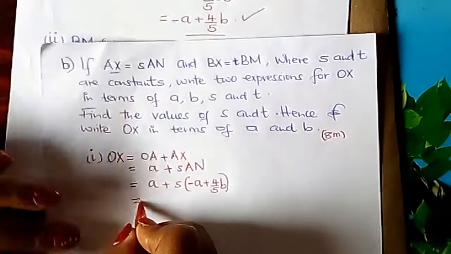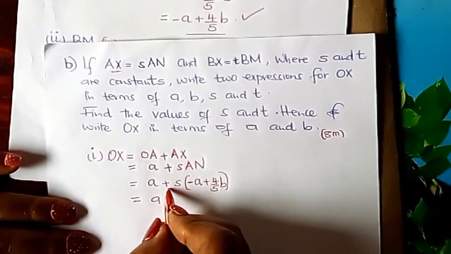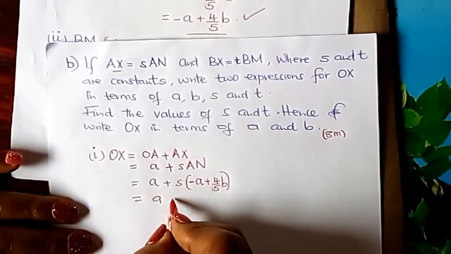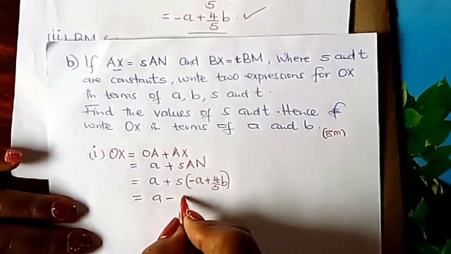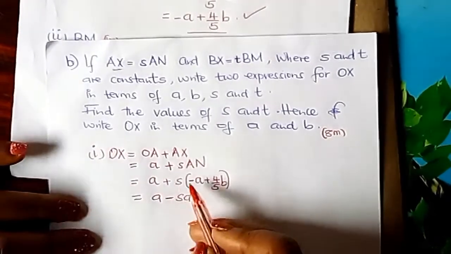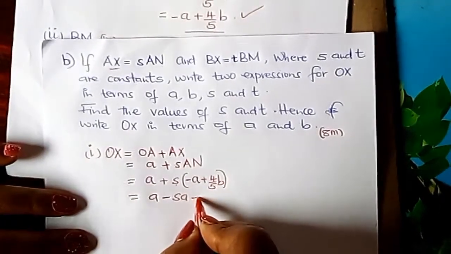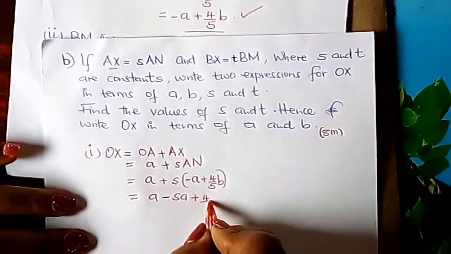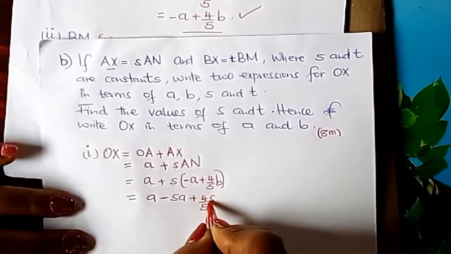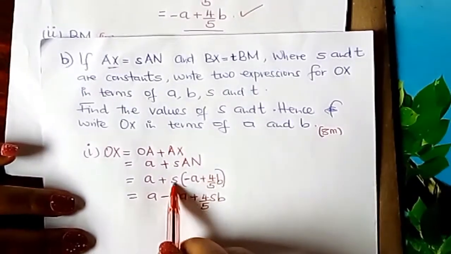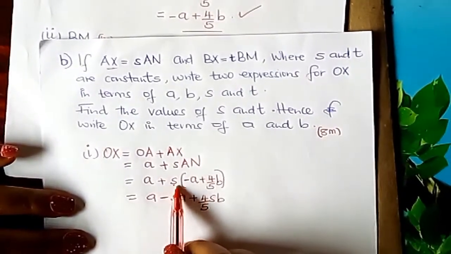So you remove this bracket here, you get minus sa, and you continue multiplying s times this, which gives you plus 4 over 5 sb. You're just removing the bracket by multiplying with s.